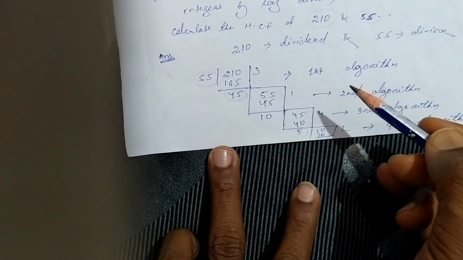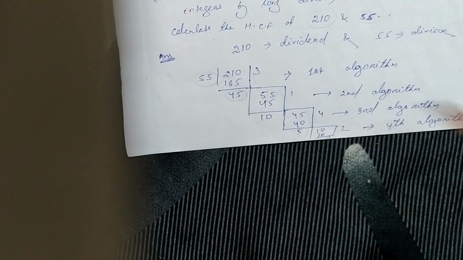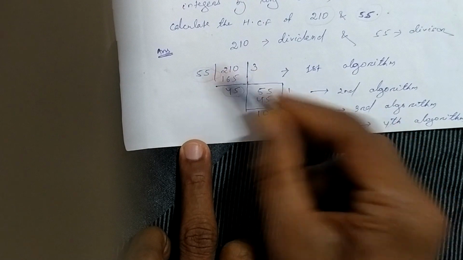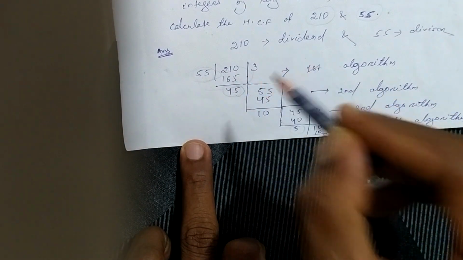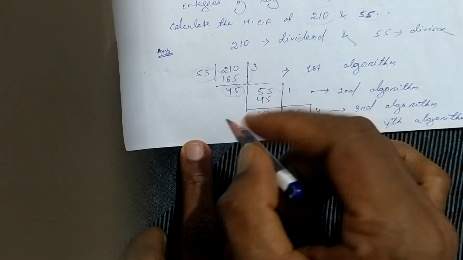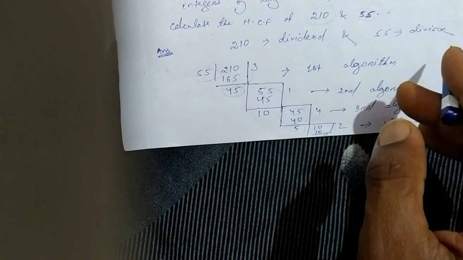So everyone gets a chance to become a dividend in the long division method, and deriving each and every step of a process in a proper way is called Euclid's division lemma. It was first given by the Greek mathematician Euclid. Hence, it is known as Euclid's division lemma.